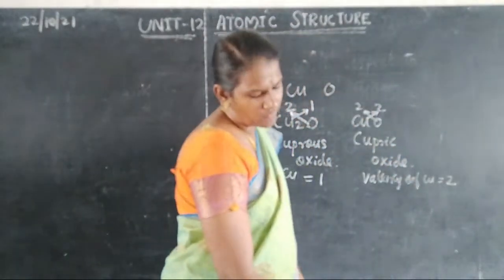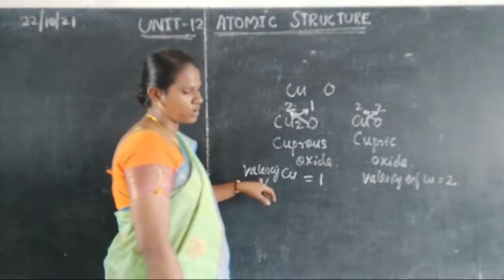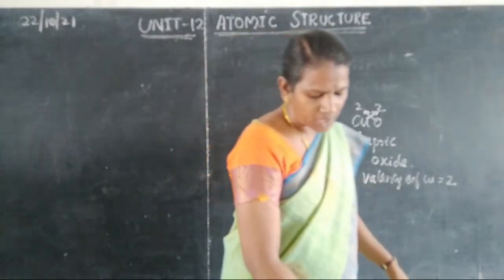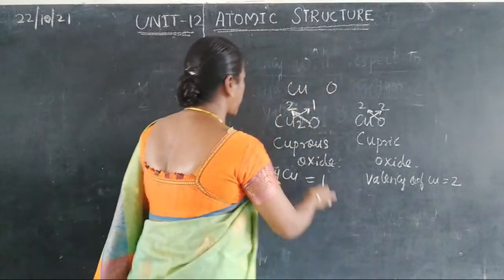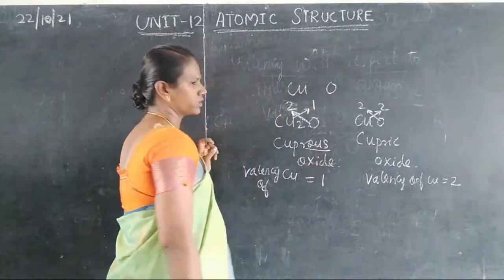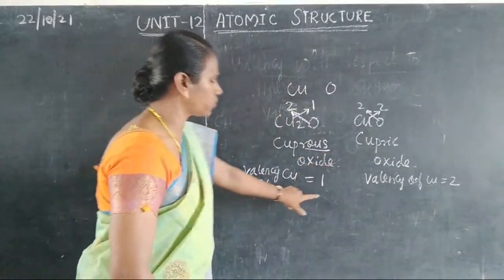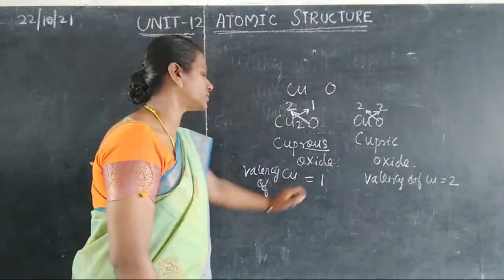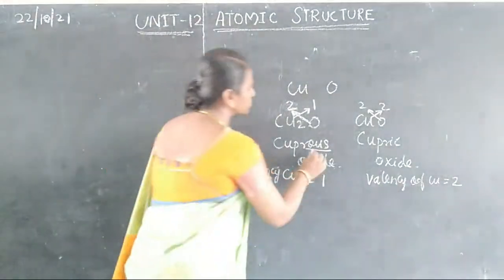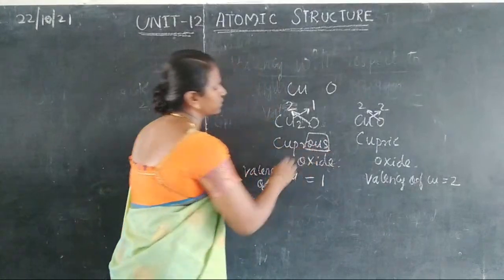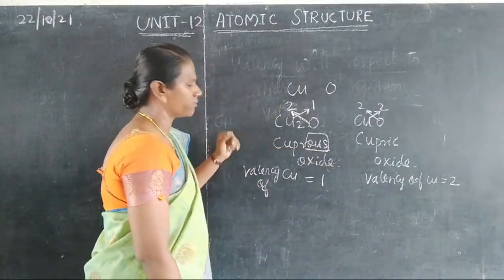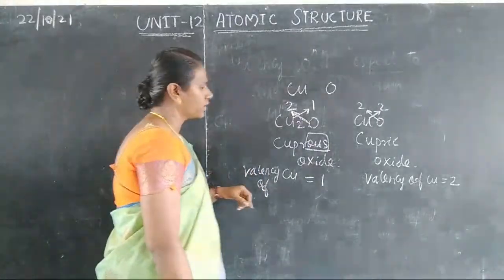For lower valency, the suffix OUS is added. So here the valency of copper is 1, so it has a lower valency, and the suffix OUS is used to represent this compound. And what about here?